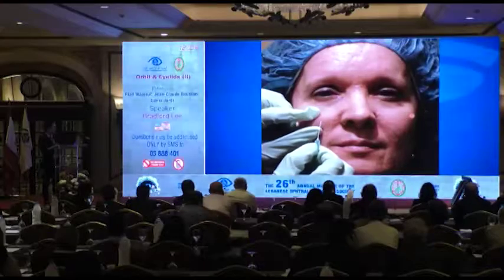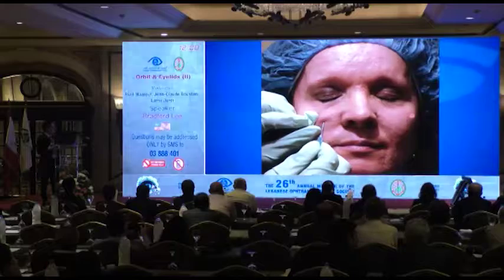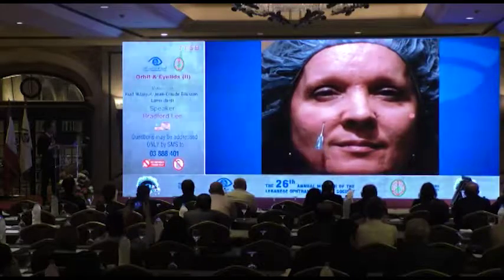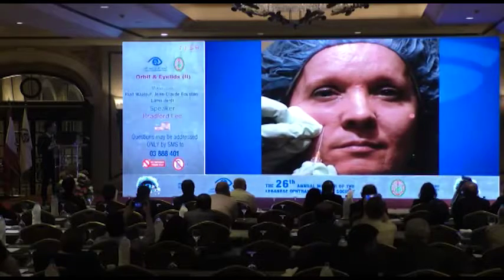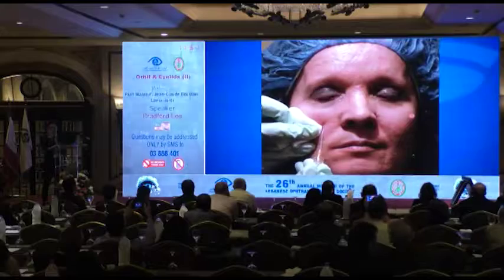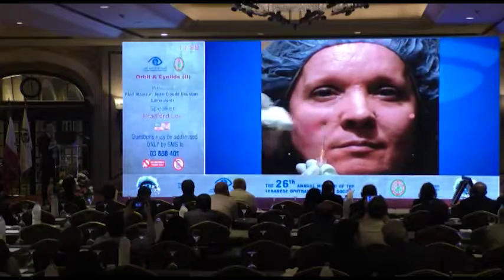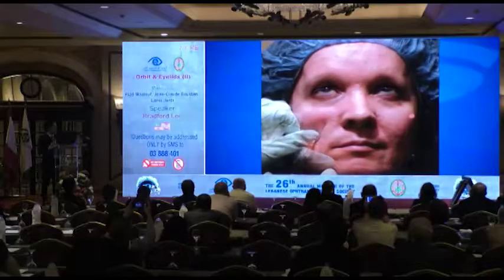This is my preferred injection technique for the lower lids and the periorbital grooves. I use a 23 gauge needle, and I inject with a 25 gauge cannula. I find that making your needle puncture further down away from the eyelids tends to minimize the amount of bruising around the eyelids.